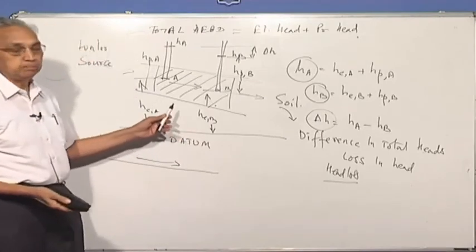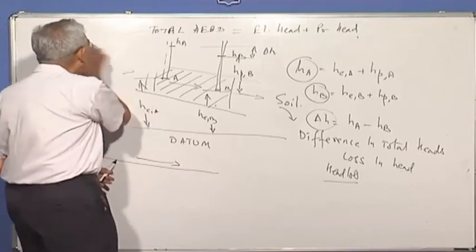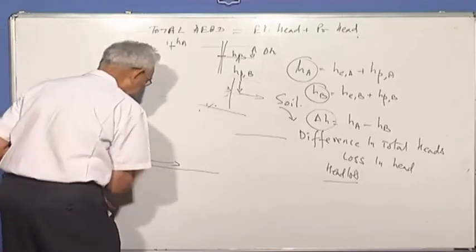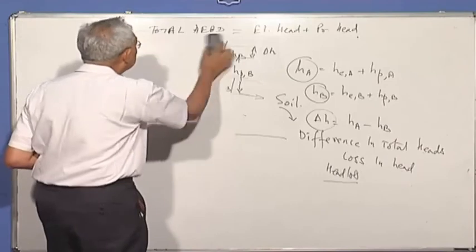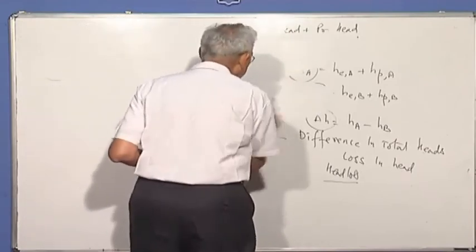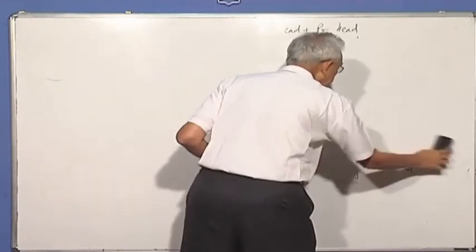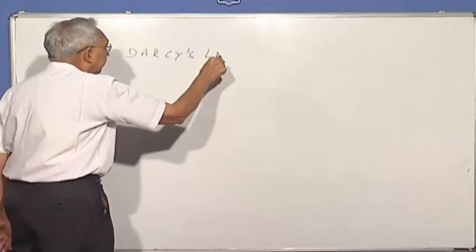So this being the basic principle, somewhere in 1856, one civil engineer in France came out with a famous law called Darcy's Law. His name is Darcy.